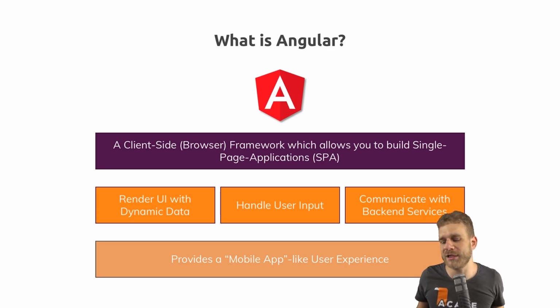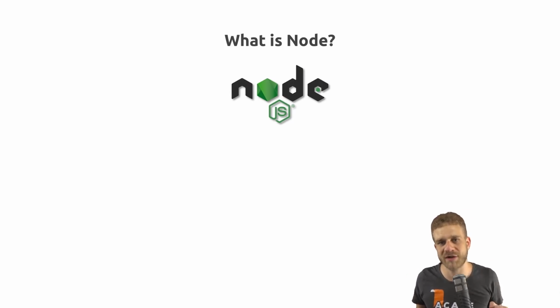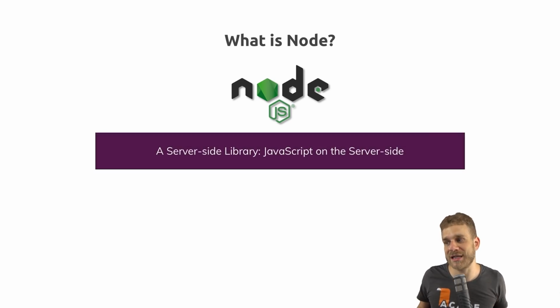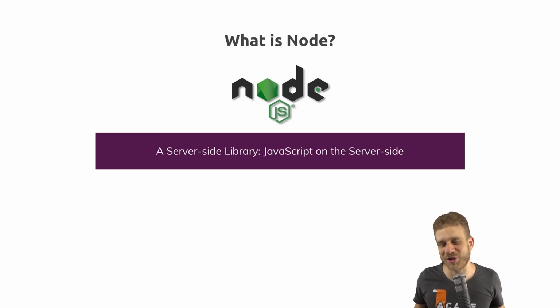Now, that is still only the front end though. As I said, Node.js is the language we're going to use for the backend, so on the server side, which we also build in this course. Node.js is a server-side JavaScript runtime, and you know that JavaScript can run in the browser. Well, Node.js simply takes it, adds some things that are useful on the server, like working with files, working with HTTP requests, and now we can use JavaScript on the server too.